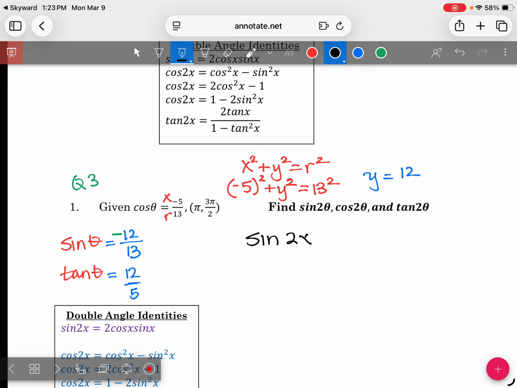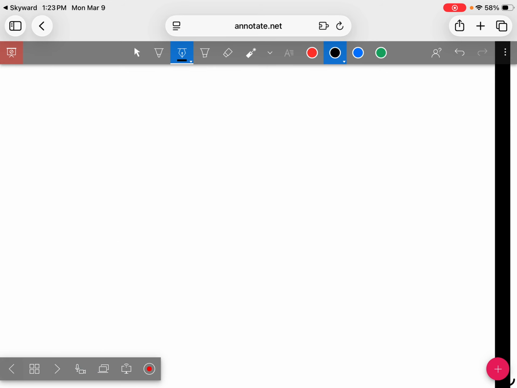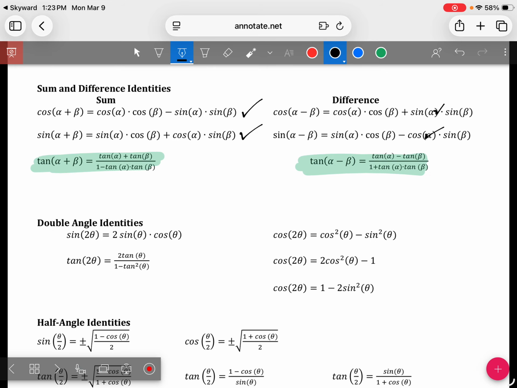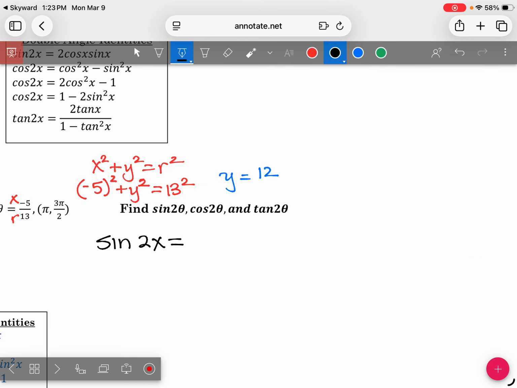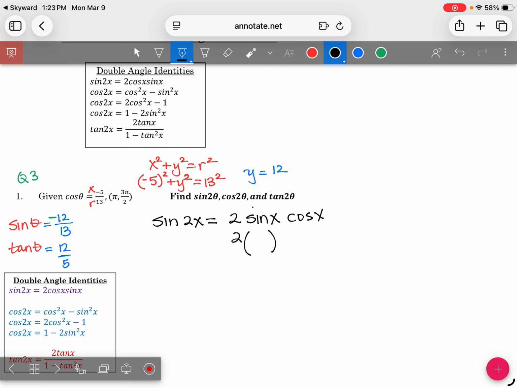So sine double angle. We look at our paper, at our formula sheet. This is my formula. It says you're going to take 2 times sine times cosine. So 2 times sine times cosine. So 2 times sine, and we said sine was negative 12 over 13. And cosine was negative 5 over 13.